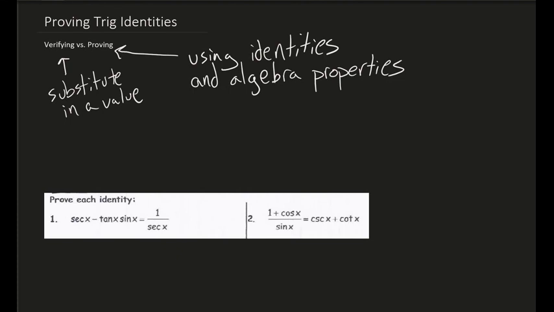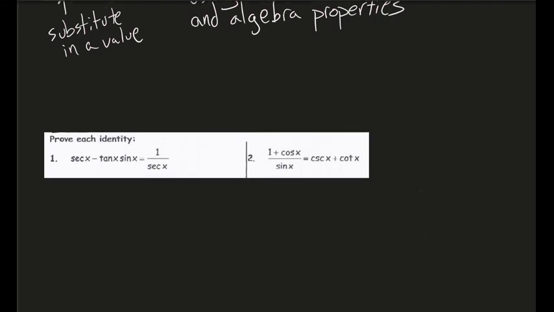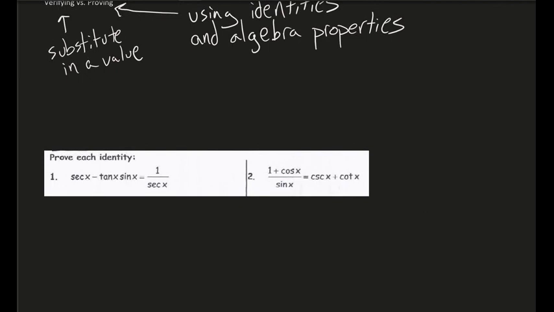Now, for verifying an identity, this only works when we're substituting in one specific value. So for example, in this first one where we're trying to prove this identity, well, we're going to verify. We'll prove it in a minute. If we just substitute in 0 for x, so we have secant of 0 minus tangent of 0 multiplied by sine of 0 is equal to 1 divided by secant of 0.